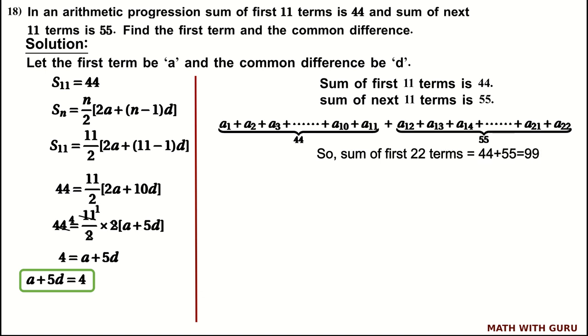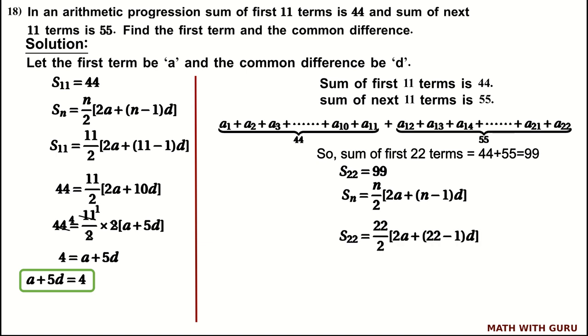So, sum of first 22 terms equals 44 plus 55 equals 99. Therefore, S_22 equals 99. Again, use the formula S_n equals n by 2 into (2a plus (n minus 1) into d). S_22 equals 22 by 2 into (2a plus (22 minus 1) into d). 2 11s are 22.